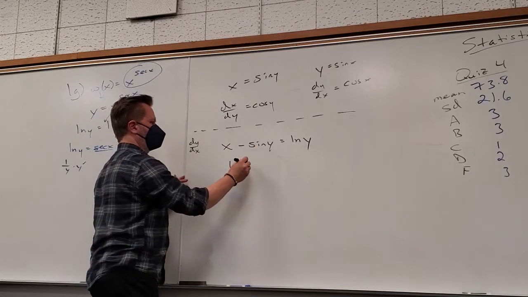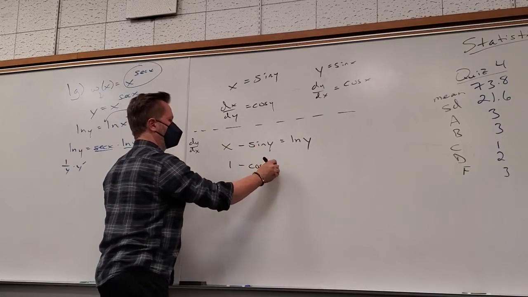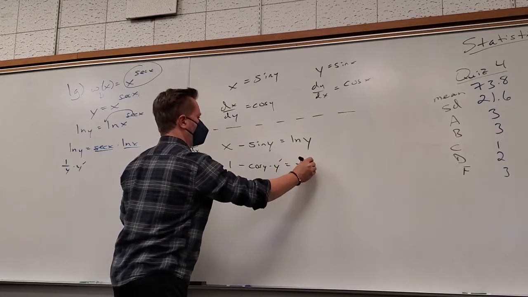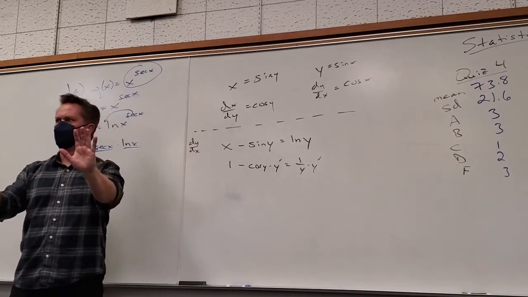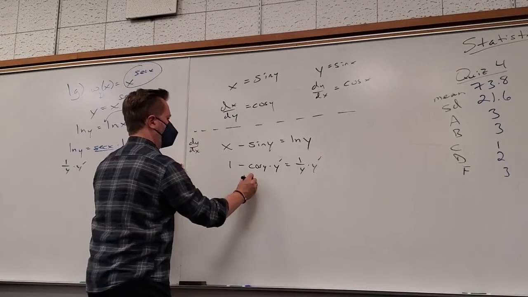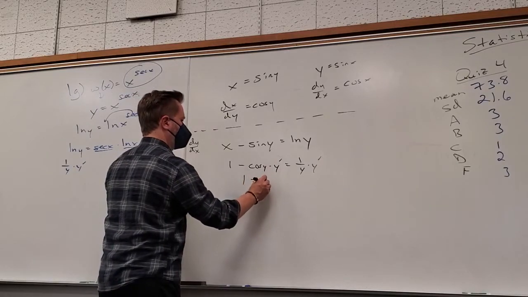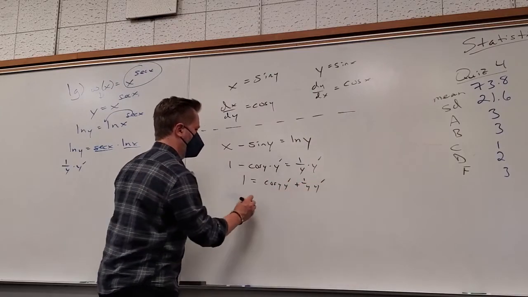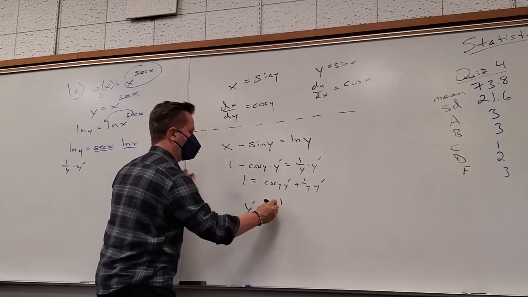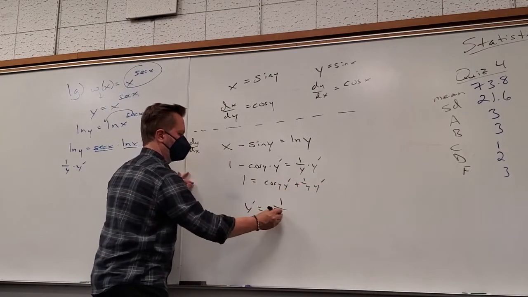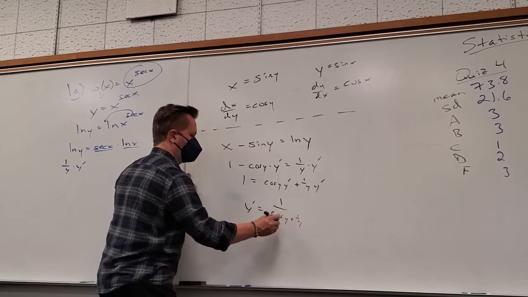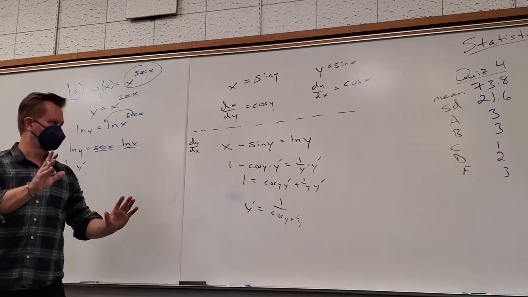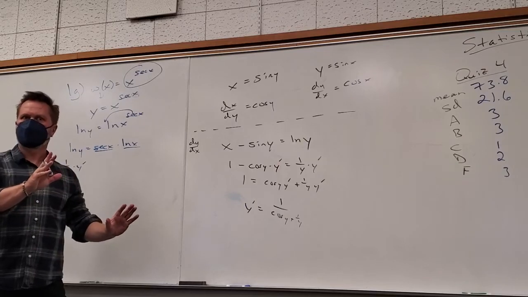So I do 1 minus cosine y times y prime equals 1 over y times y prime, right? I'm going to do it a little bit quickly. Then I would add this over, and then I would take a y prime and divide by cosine y plus 1 over y. Yes? Okay. So that's dy dx.